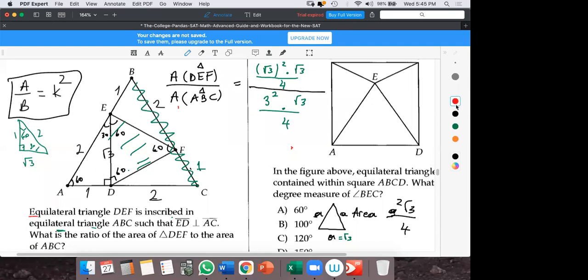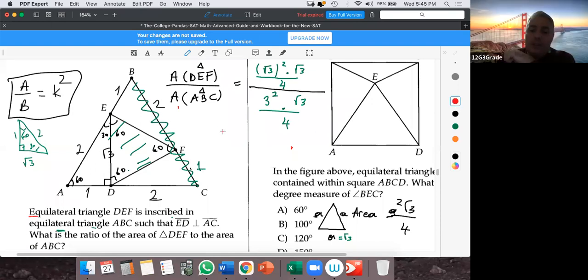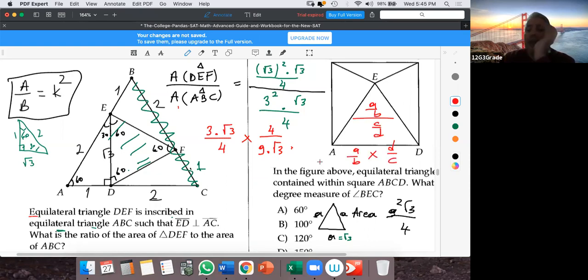So the first one, root 3 squared will be 3 times root 3 over 4 times reciprocal. So this will be 9 times root 3. You know, A over B divided by C over D is equal to A over B times D over C. This way. Any question?